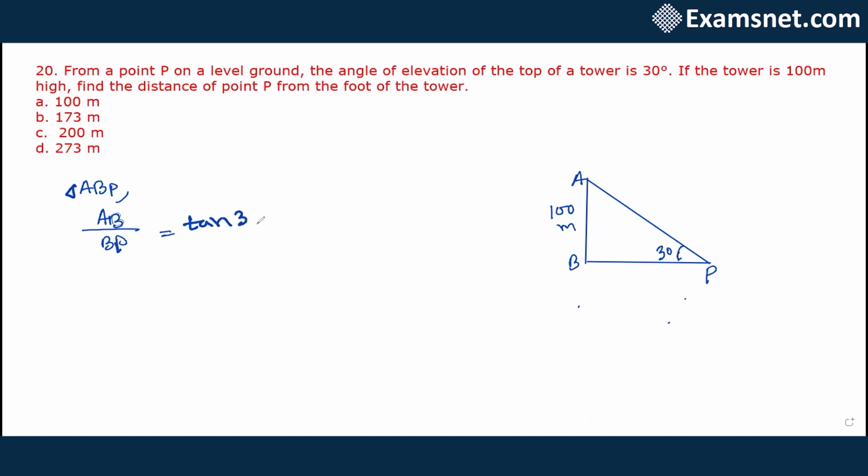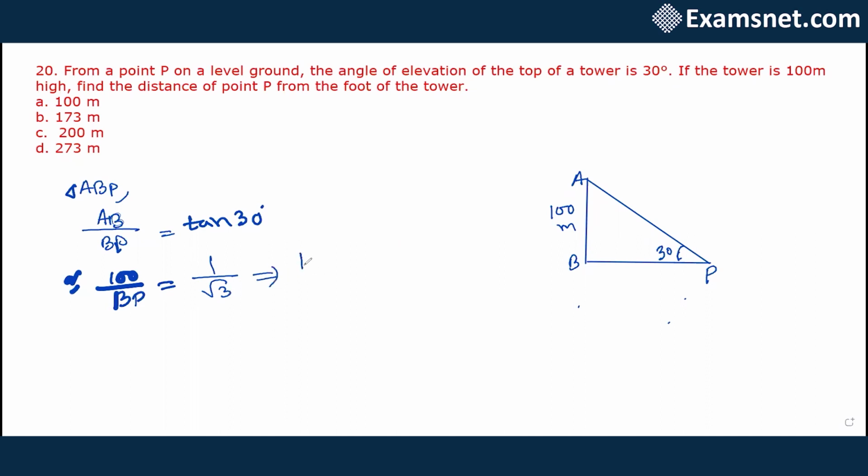equals tan 30 degree, or 100 by BP equals to 1 by root 3.